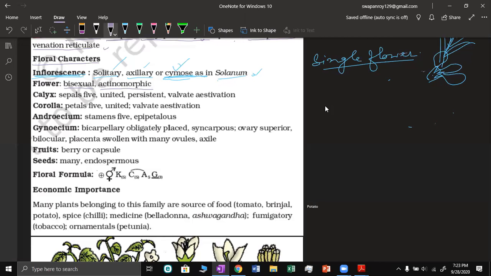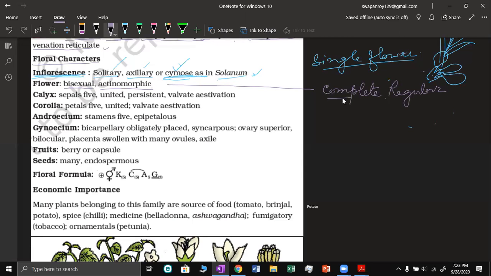There are many other characters also written for the flower, like bracteate or ebracteate. Some flowers are bracteate, some are ebracteate. So here, bisexual, flower is complete, regular.